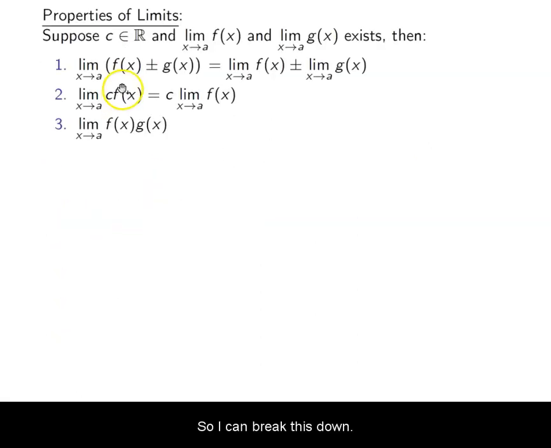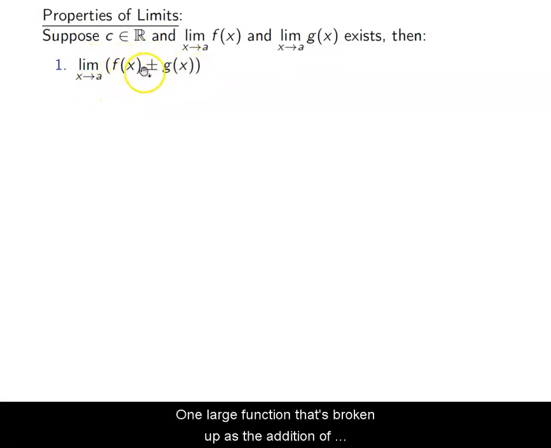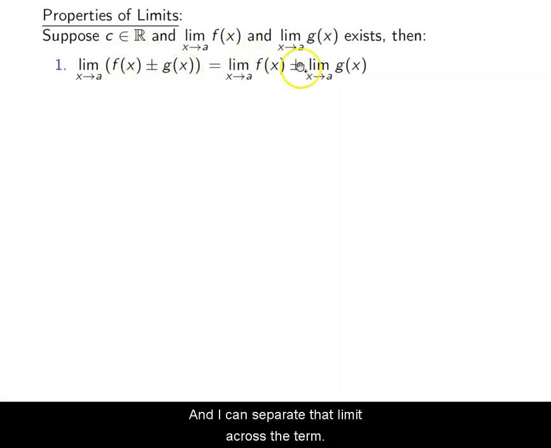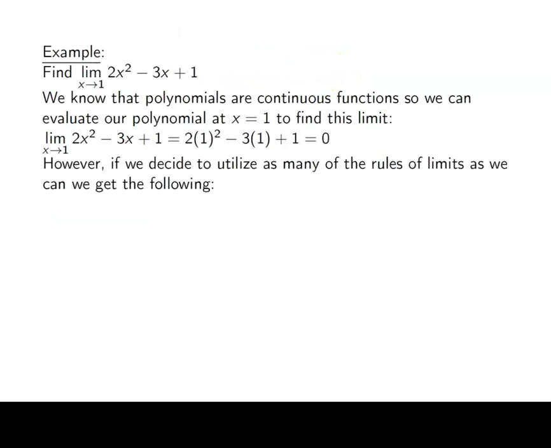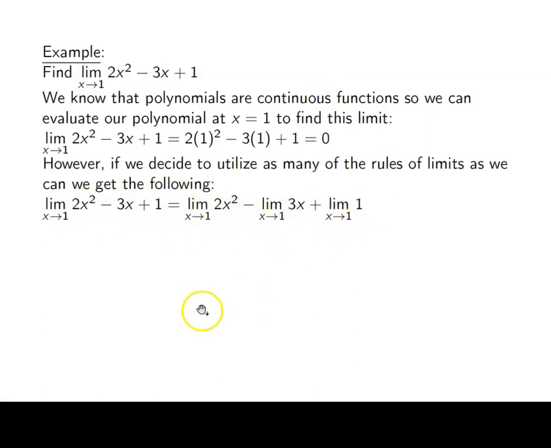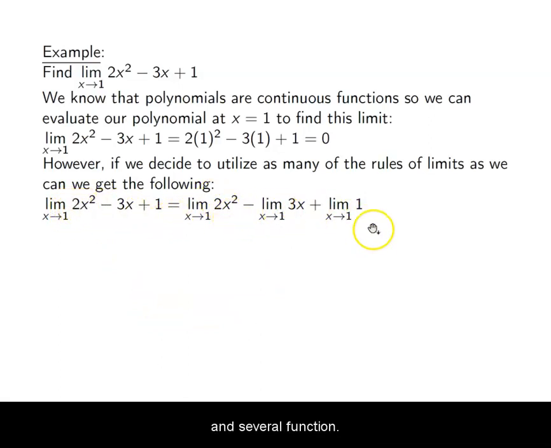So instead of taking the limit of one large function that's broken up as the addition of several functions, I can separate that limit across the terms. Okay, so that's the first thing that we're going to do. The limit of 2x squared minus the limit as x goes to 1 of 3x plus the limit of 1. Right? So instead of having it as one function, I can break it up into several functions.